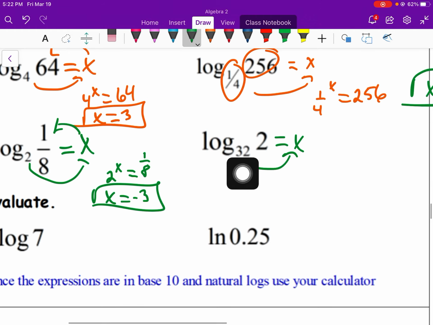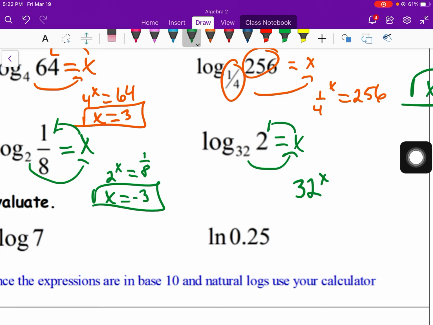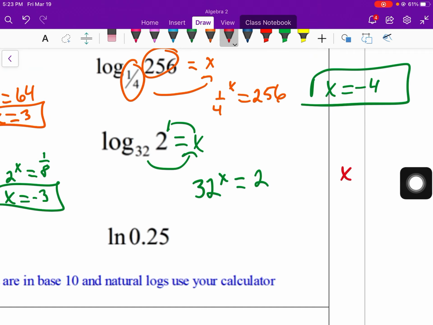Okay, we have a bigger number, both positive whole numbers. I'm thinking we're going to need to use a fraction as an exponent because we need to use a root. 32 to the power of x equals 2. We have to get from 32 down to 2, so we want a root.